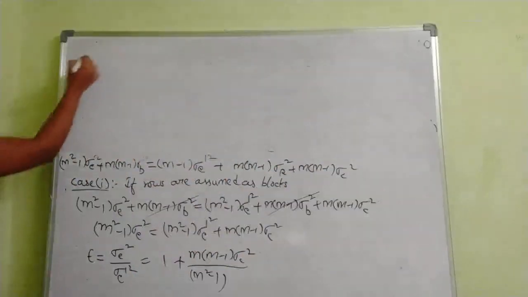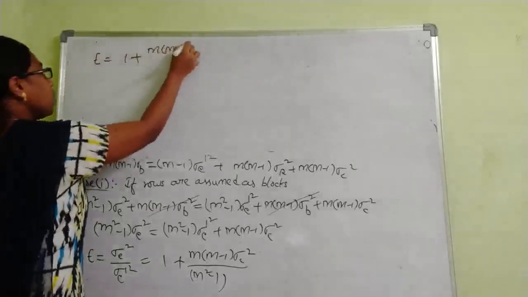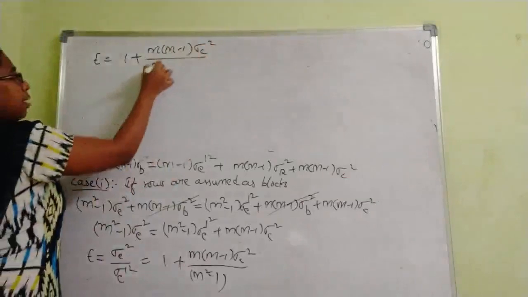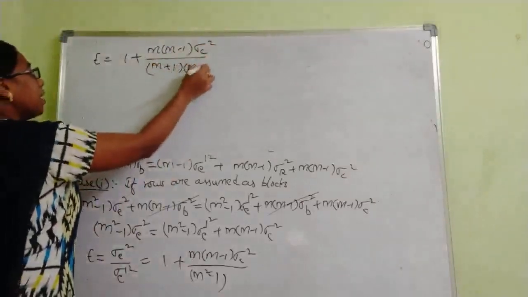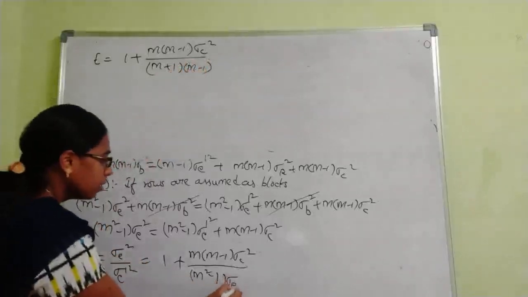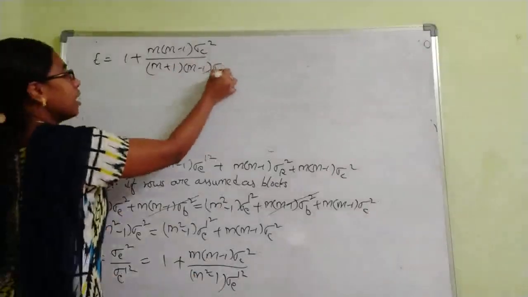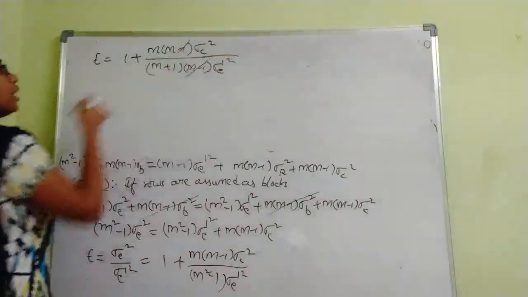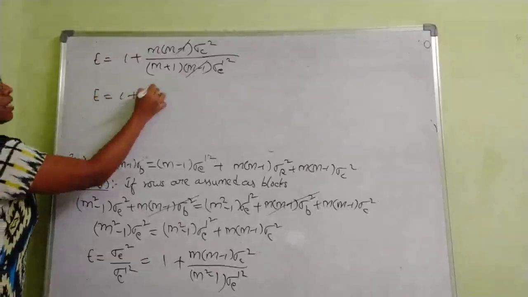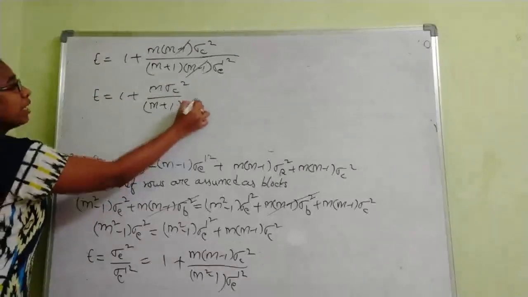So now efficiency E is equal to 1 plus m into m minus 1 sigma c square divided by m plus 1 into m minus 1 sigma e dash square, since we are dividing with m square minus 1 sigma e dash square. So m minus 1 gets cancelled. Therefore E is equal to 1 plus m into sigma c square by m plus 1 into sigma e dash square.